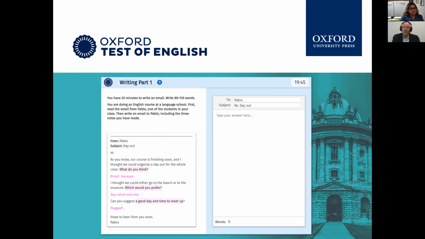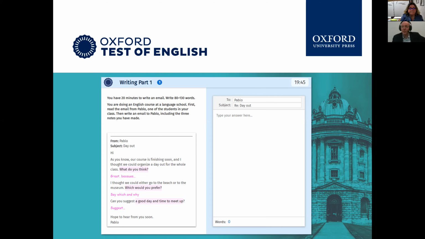Okay. Now, take a look at the top on the right. It says 19:45. Well, that's 19 minutes and 45 seconds. This is the time that you have left to finish this writing task, because you have 20 minutes. So 15 seconds have already passed. Okay. And at the bottom on the left, it says words 0.